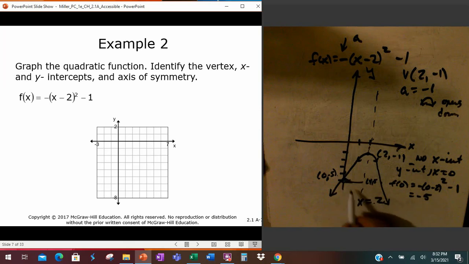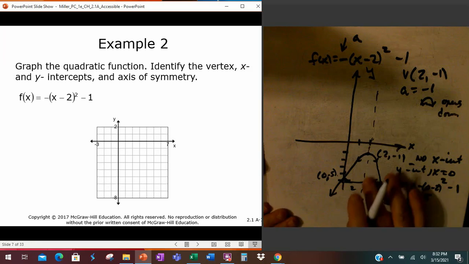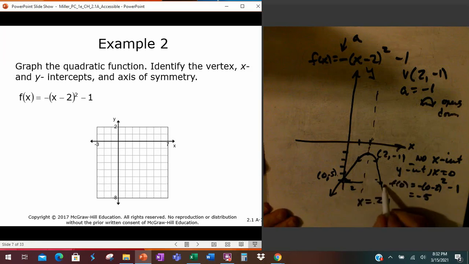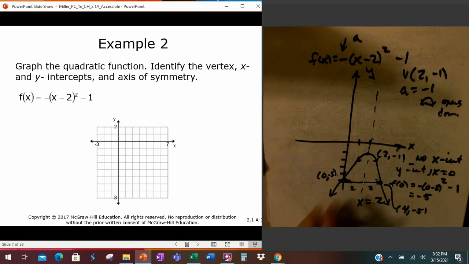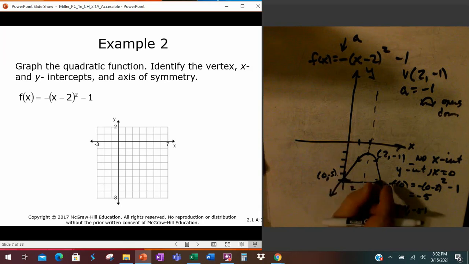So this distance is 2. From 2, this distance is 2. So that gives us a 4, negative 5. And I'll kind of redo this for you. That point is 4, negative 5. Okay. And that's the way it looks. 2 over this side, 2 over that side. I want to have the same negative 5.